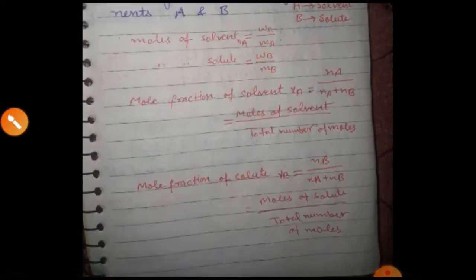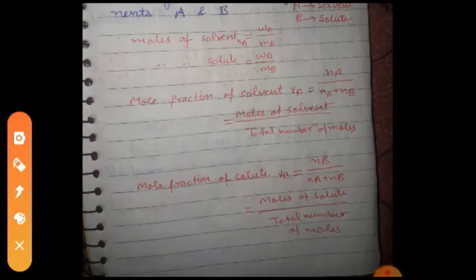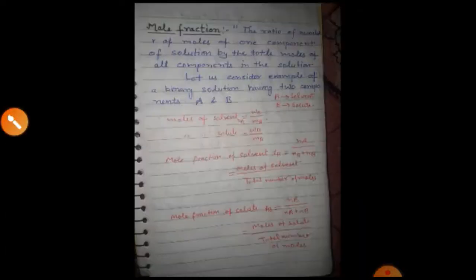Then mole fraction of solvent Xa equals Na upon Na plus Nb, moles of solvent upon total number of moles, and mole fraction of solute Xb equals Nb upon Na plus Nb, moles of solute upon total number of moles. So we can say that mole fraction equals moles of one component upon total moles of solution.